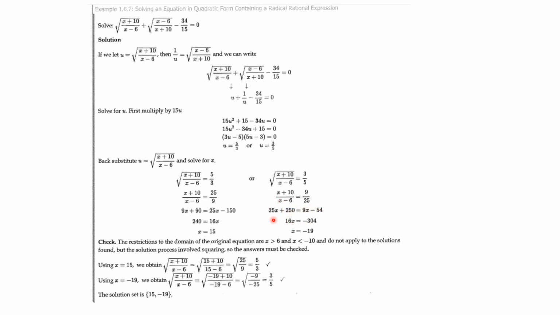Cross multiplying gives us 25x + 250 is equal to 9x - 54, or x is equal to minus 19. And so if we check, we find that both solutions work. So our solution set is 15, minus 19.